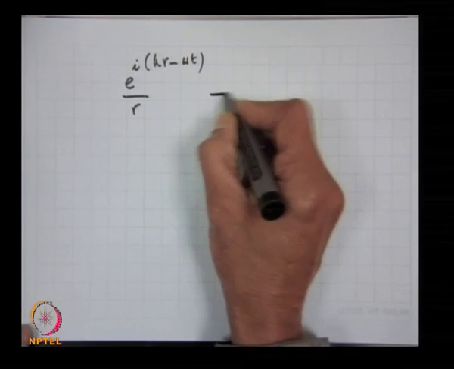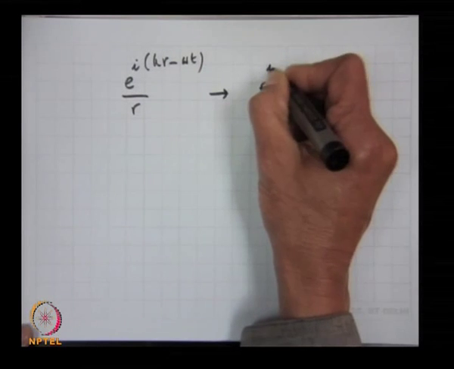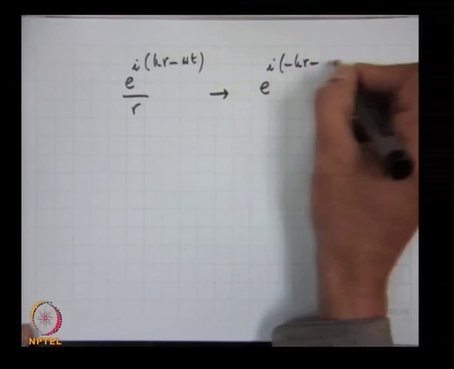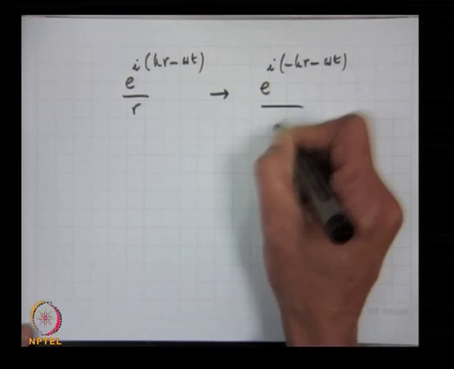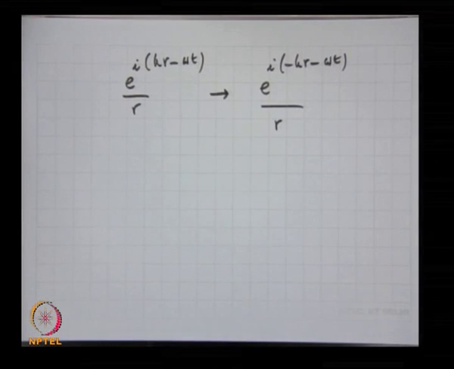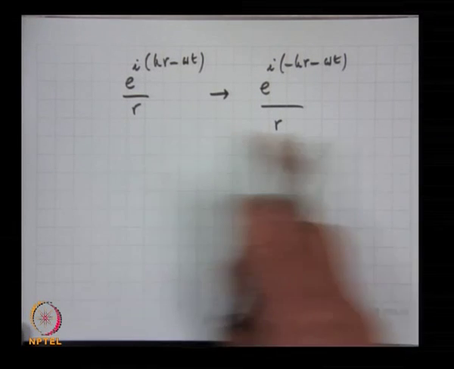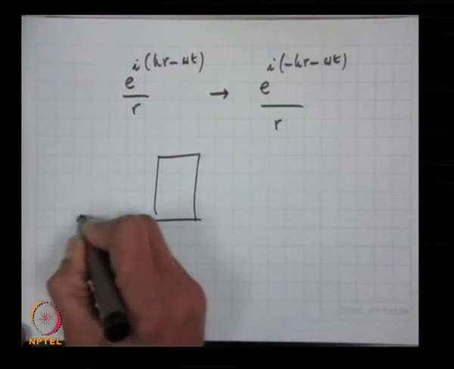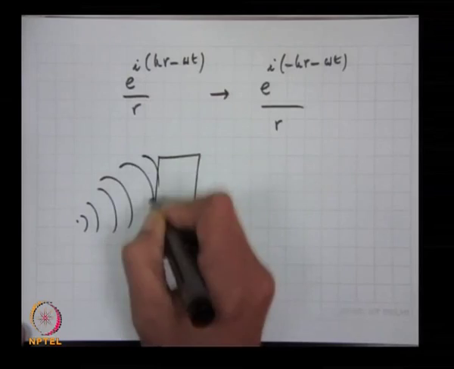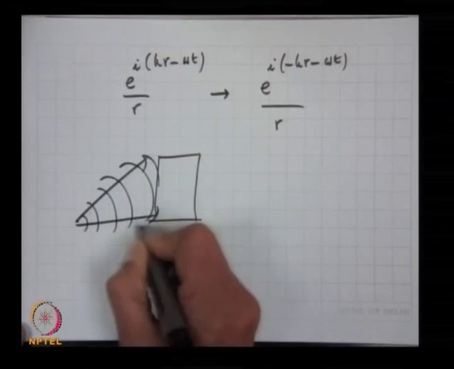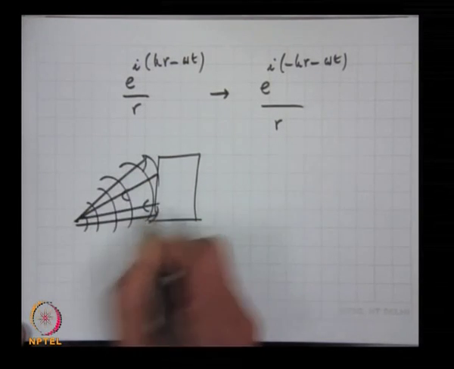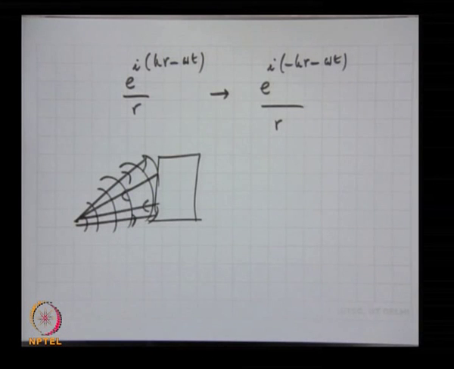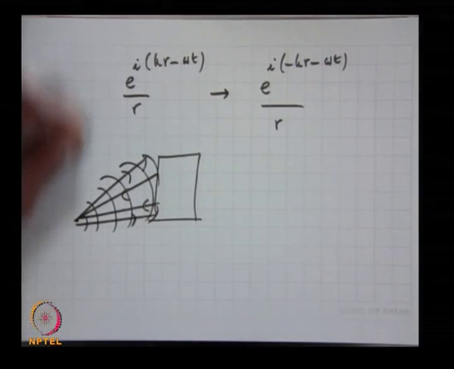So this will become exponential of i(minus kr minus omega t) divided by r. A diverging spherical wave becomes a converging spherical wave. So if you had this medium like this, and if you had a wave coming here, it reflects and comes back to the same point, irrespective of where it is.